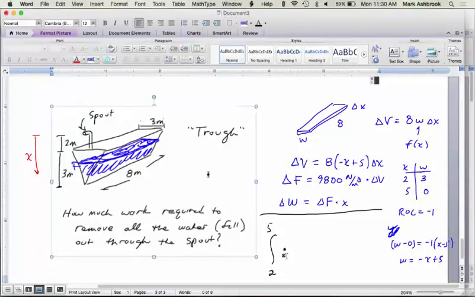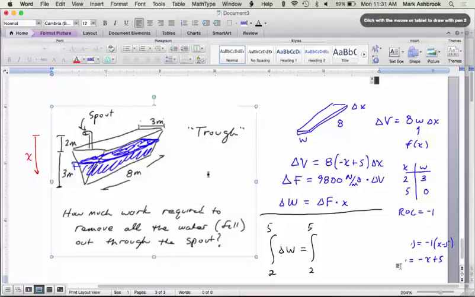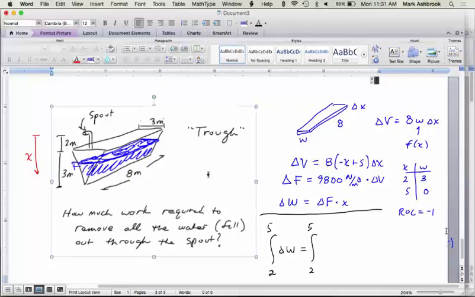And now we're going to, what? If we want the total work, we're going to take the integral of little bits of work. If you want the total volume, you're going to take the integral of little bits of volume.